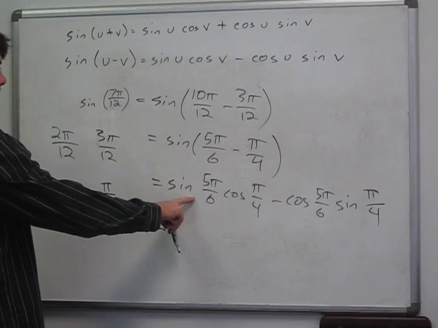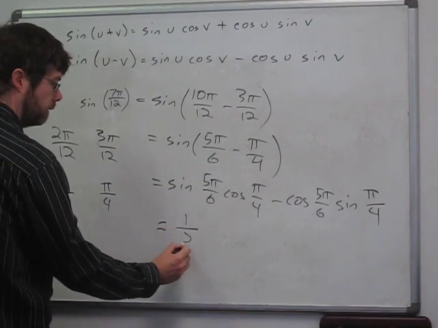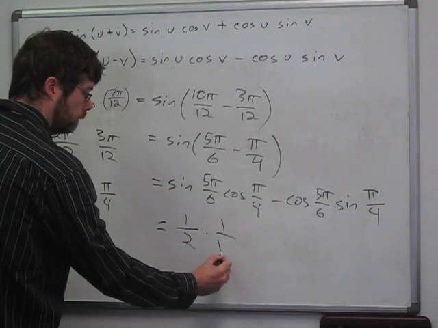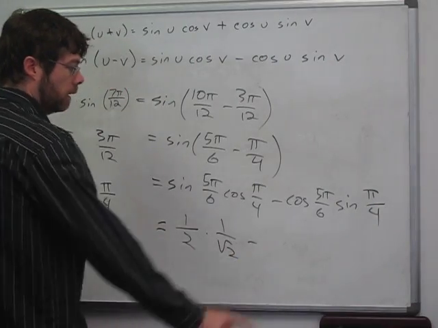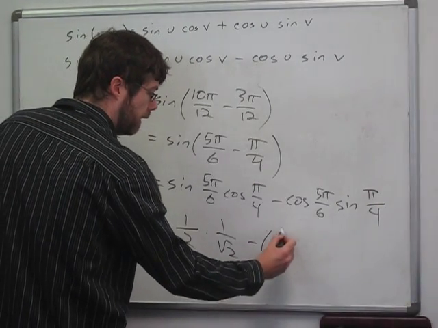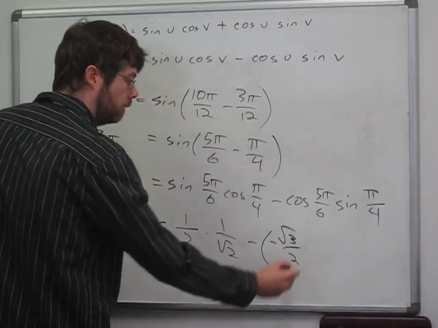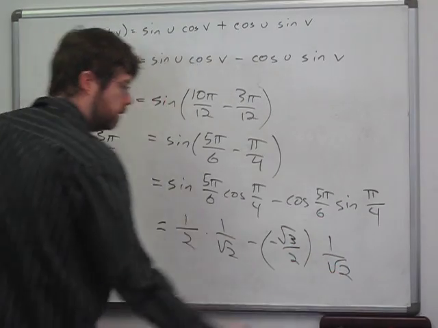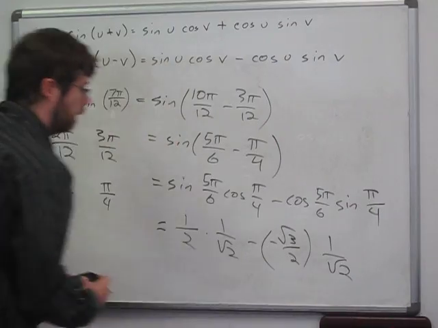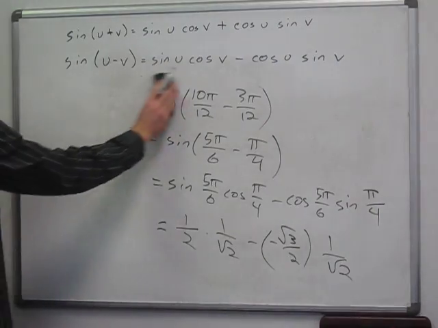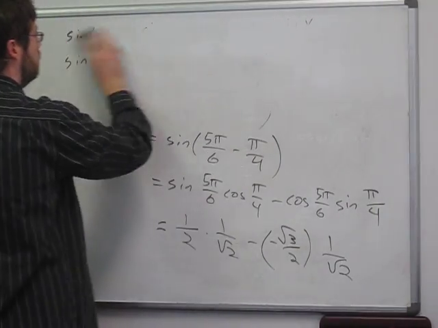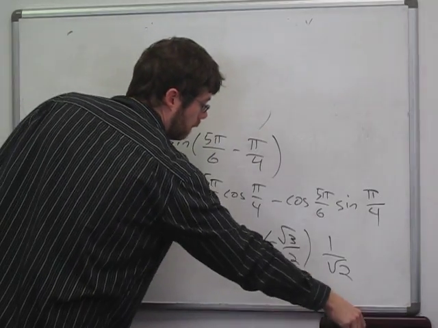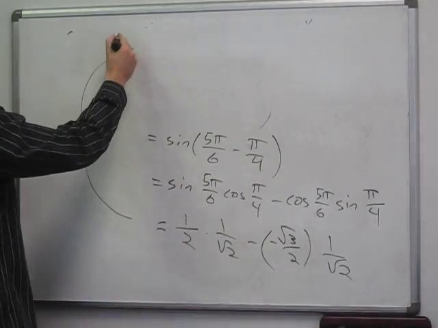Okay, so sine of 5 pi over 6 is 1/2 times 1 over root 2. Cosine of 5 pi over 6 is negative root 3 over 2. And the sine of pi over 4, 1 over root 2. And I've run out of room, so I'm going to continue above here.